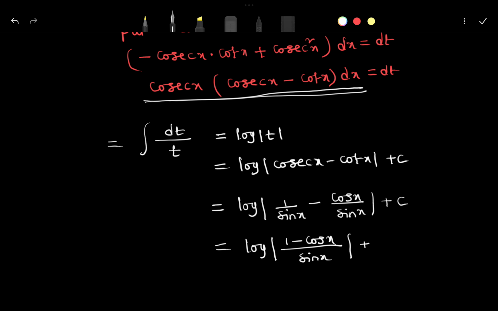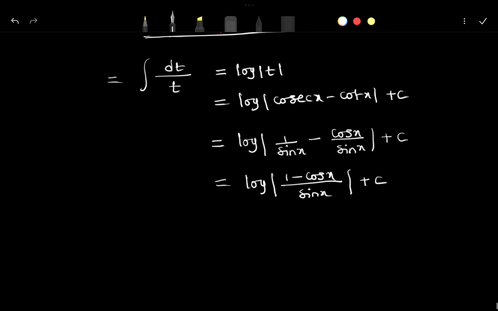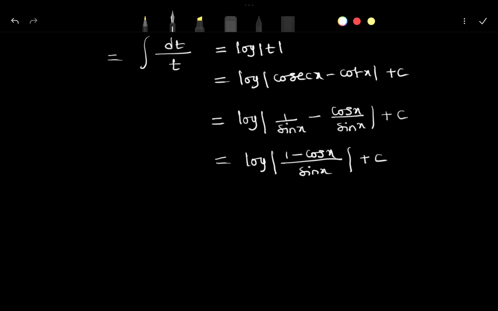Plus c. You know 1 minus cos x, by using the trigonometry multiples and submultiples, 1 minus cos theta is equal to 2 into sin square theta by 2. This is one formula.